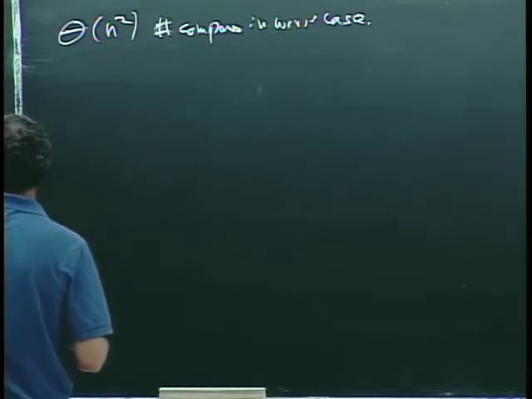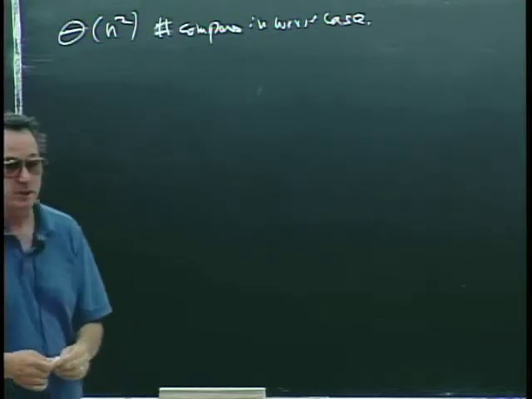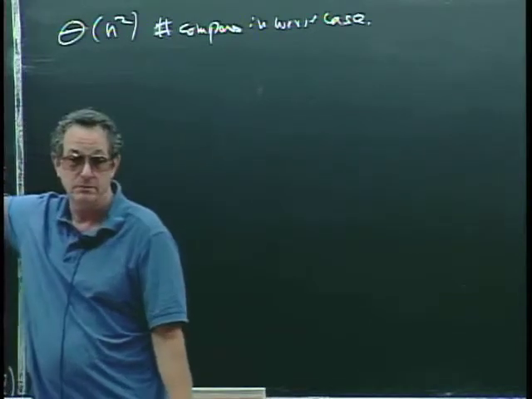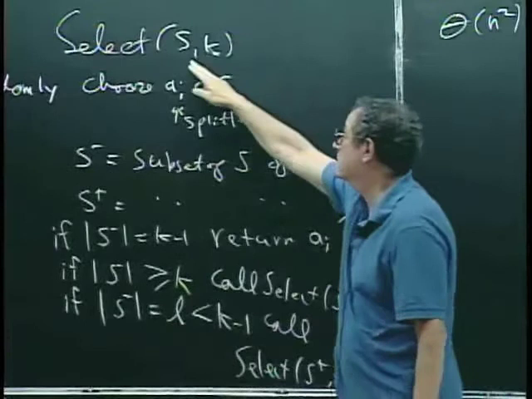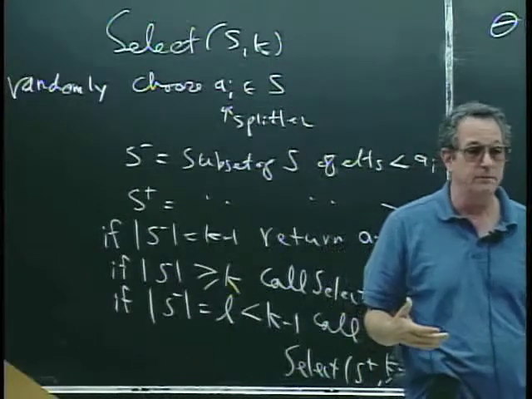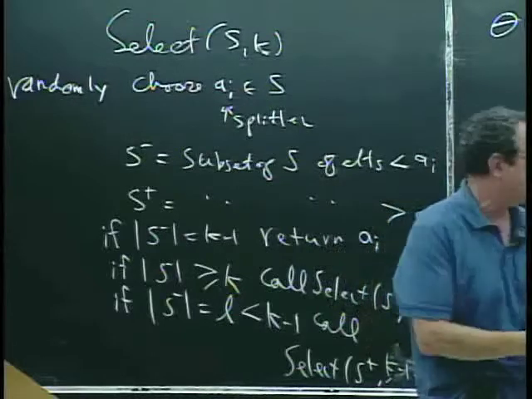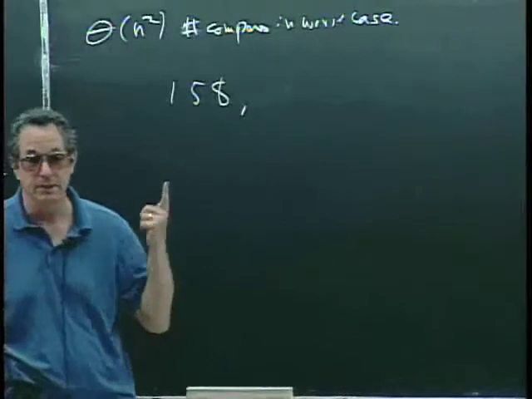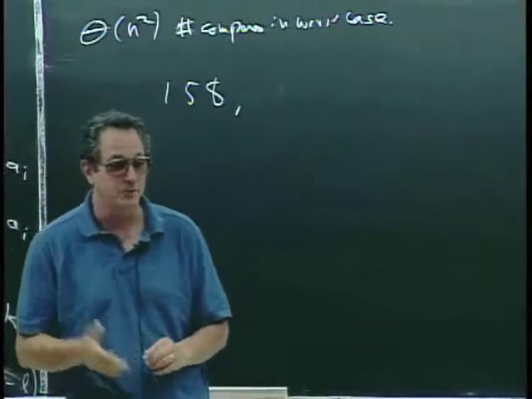But let's just say I do the following experiment. I run this algorithm on some particular data, a particular S and a particular k. And I run it, and I count the number of comparisons that are done. 158, it happens to be. 158 comparisons the first time I run it.